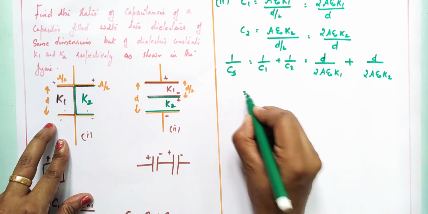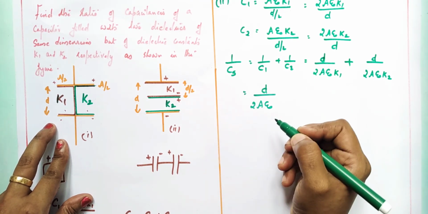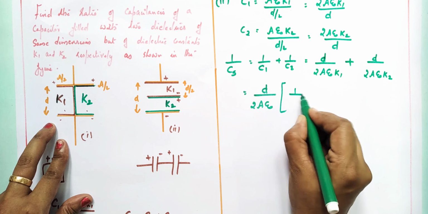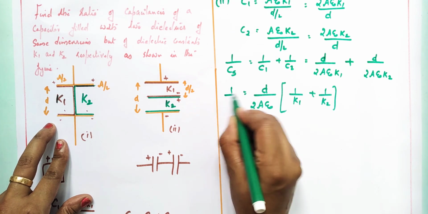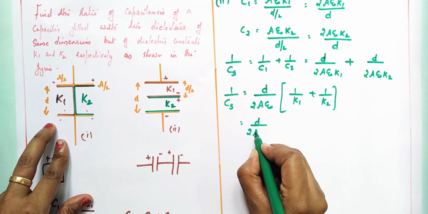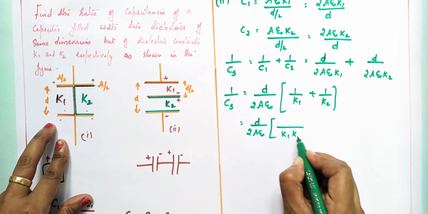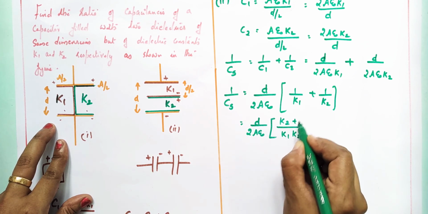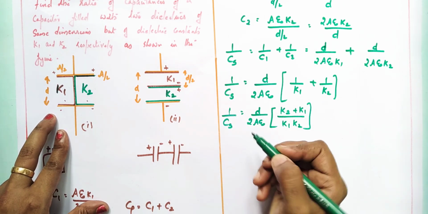What can be taken common? D divided by 2A epsilon 0 is common, so 1 by Cs equals D divided by 2A epsilon 0 into (1 by K1 plus 1 by K2). Taking the LCM, K1 K2, the numerator becomes K2 plus K1. This is 1 by Cs.